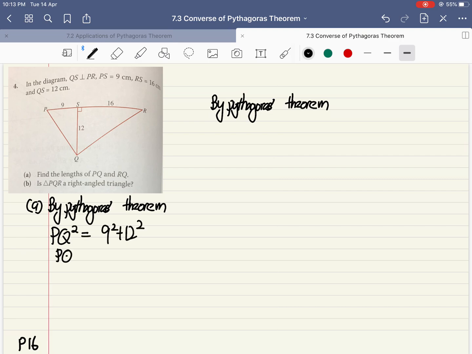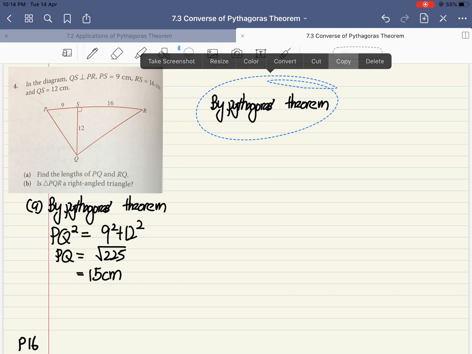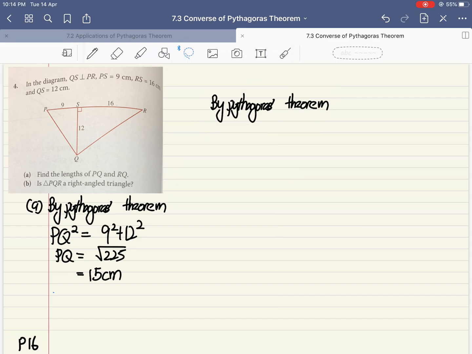So I will say that PQ square is equals to 9 square plus 12 square. PQ is equals to square root of 225. The value of PQ is 15 cm. Similarly, if I apply Pythagoras' theorem, that's where it comes in handy.